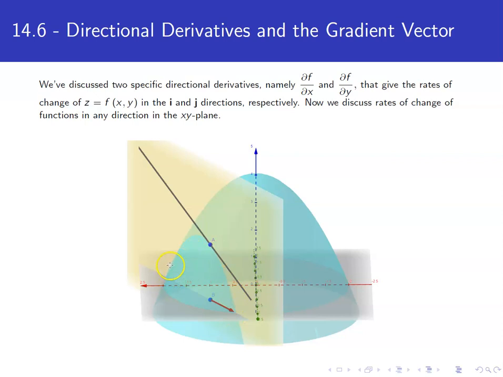When I do that, I get the intersection with the surface that creates a curve. And now I can think about finding a tangent line to that curve, which is what this line is representing.